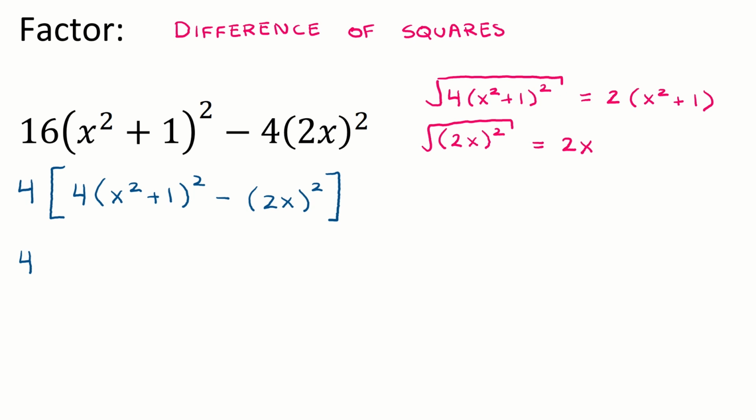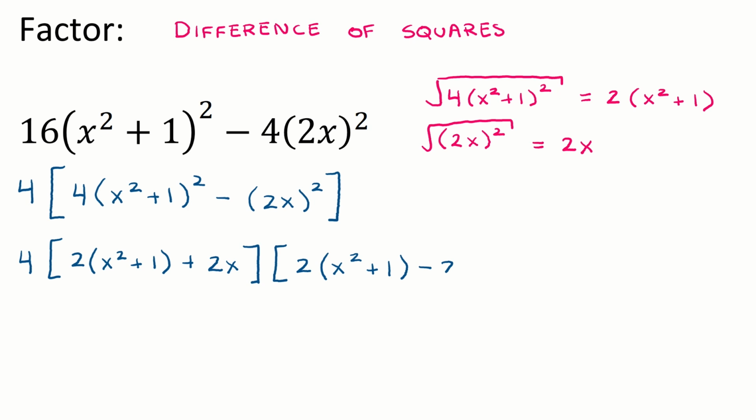So we have 4 in the front. Our first bracket is going to be 2 times (x squared plus 1) plus 2x. And my second bracket is going to be 2 times (x squared plus 1) minus 2x. And now it's just about simplifying.